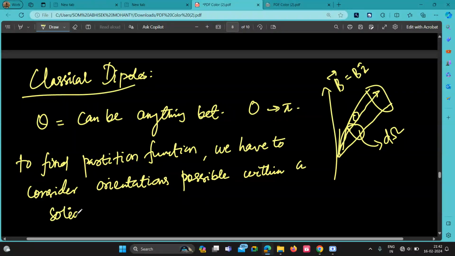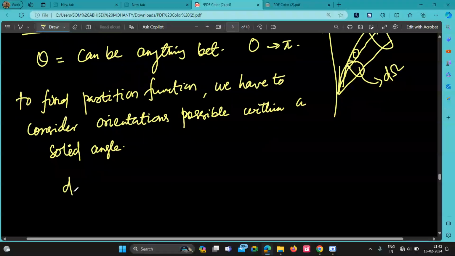Okay, so the solid angle is d omega, which is equal to sine theta d theta d phi.